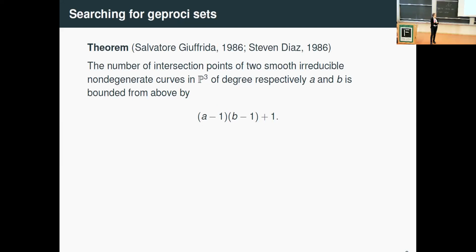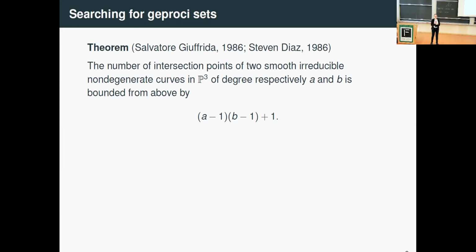If we think about the answer, we may think about two curves in P3 intersecting, because in the plane, it is what happens. We have two curves which intersect, and then we project, and the images of these curves are the curves which give this complete intersection.